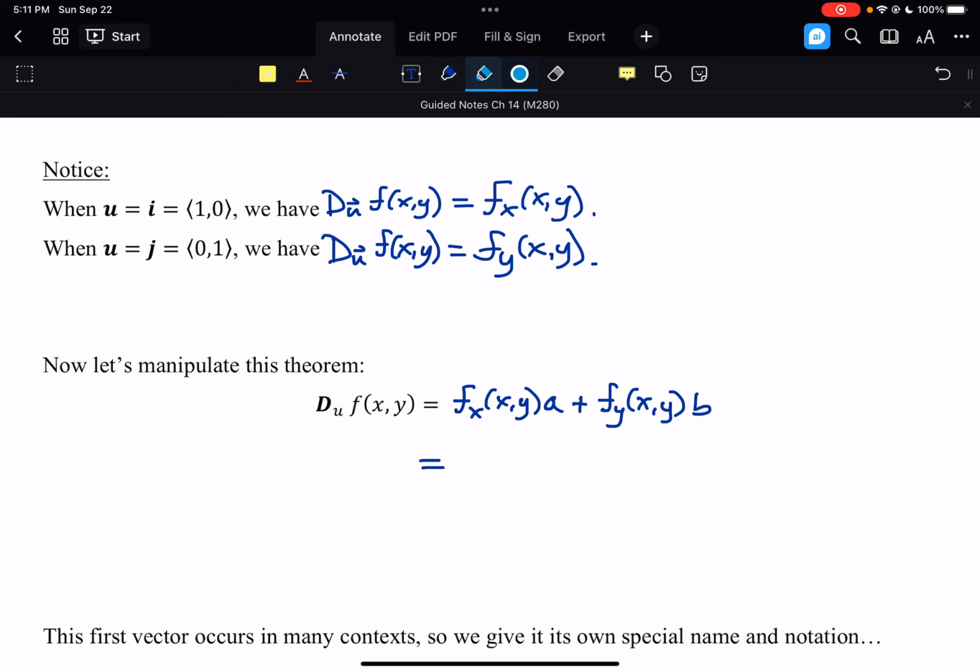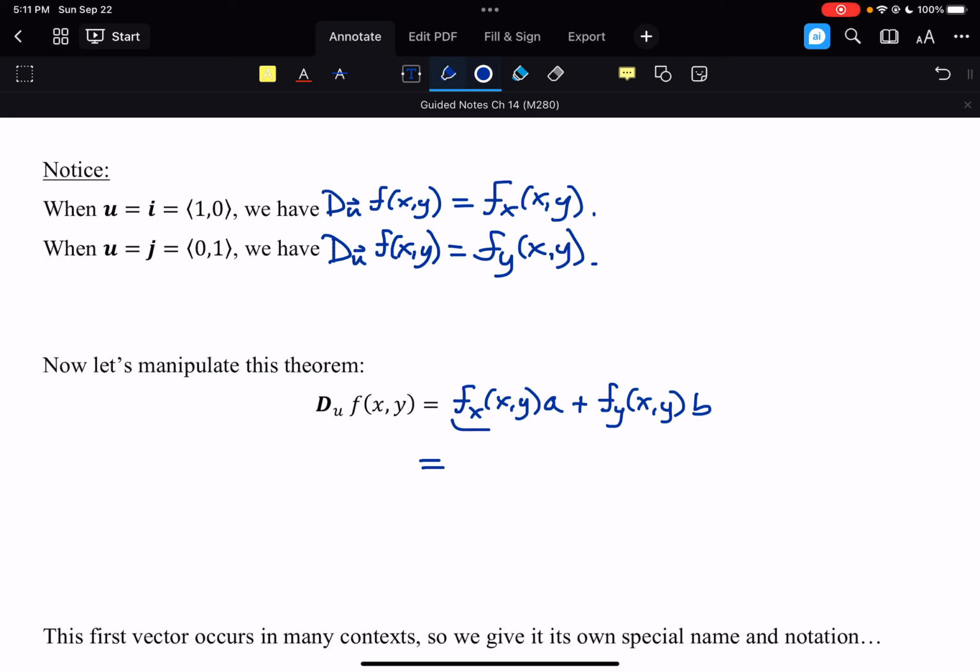Notice if we consider the partial derivatives and then the a and the b, because ab is coming from that unit vector, as separate objects, think of them as vectors.